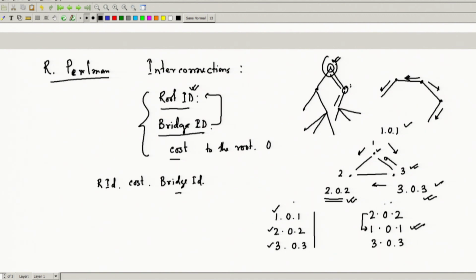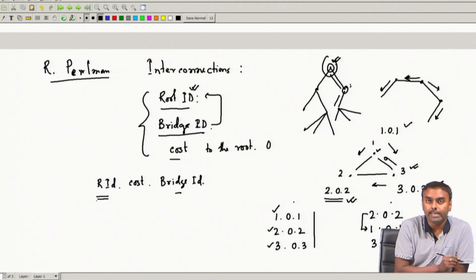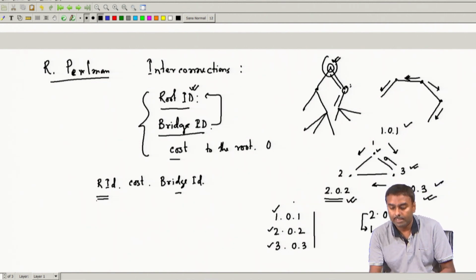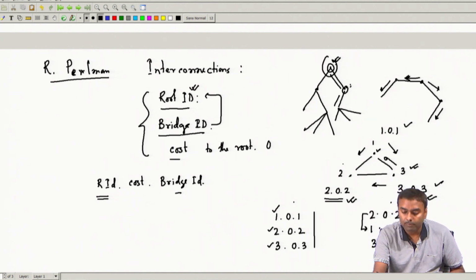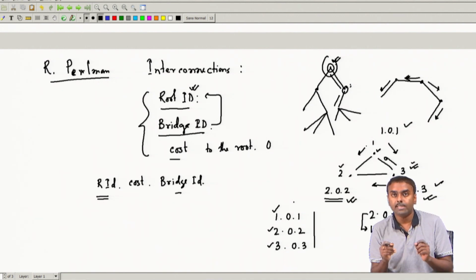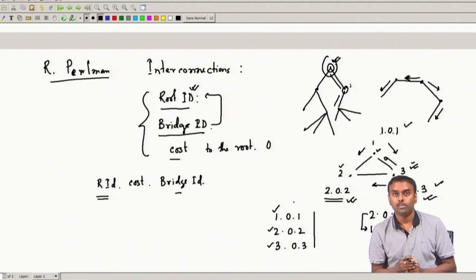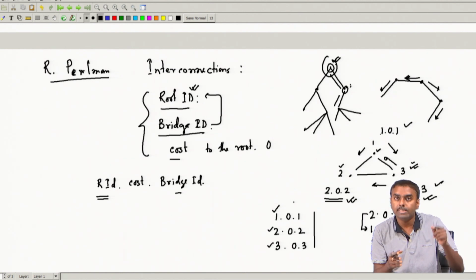Now, among the messages while comparing, they first try to see this root ID. It might happen sometimes, suppose after this first iteration, 2 and 3 both will be thinking 1 is root. So, now among his messages 2 also thinks 1 is root, 1 also thinks 1 is root. So, if he gets the next message, the root will be the same.